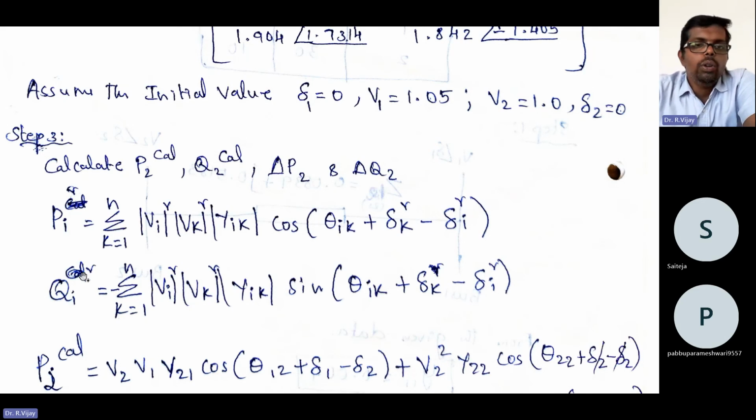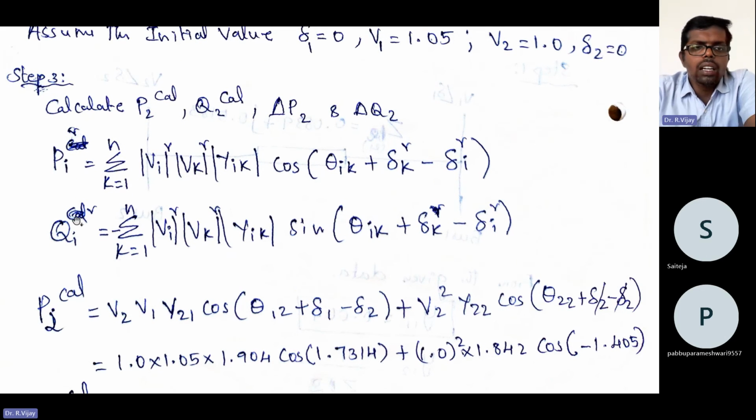Next, Qi calculated is equal to minus summation k equals 1 to n of modulus Vi, modulus Vk, Yik, sine of (theta ik plus delta k minus delta i).